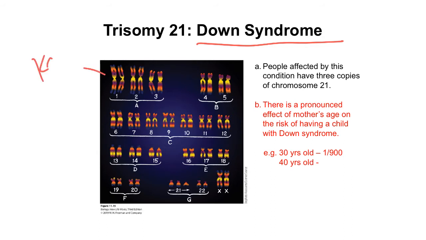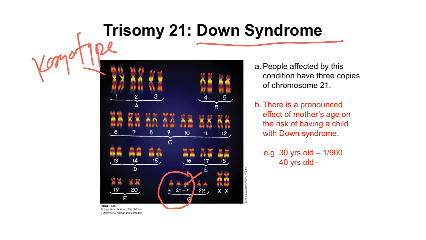We have seen already what a karyotype is in section 11.2, I believe. This is just a display of all of the chromosomes in the cells of an individual. If you look at all of the chromosomes in the diploid set for people affected by trisomy 21, you have an extra chromosome 21 in their cells.